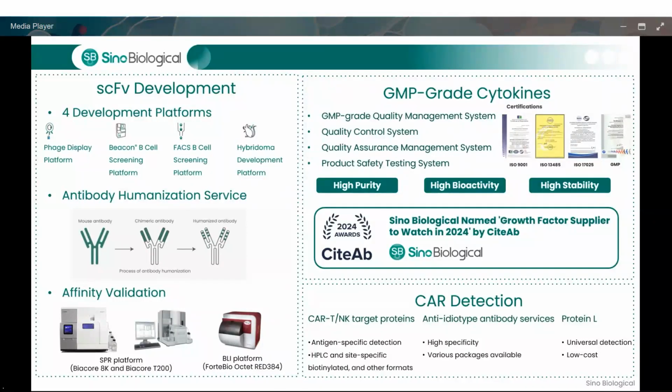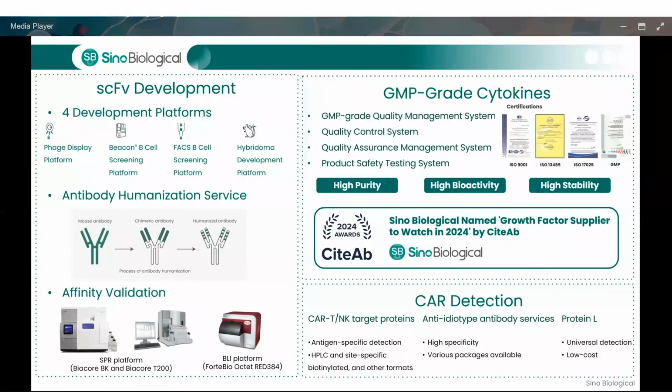As we showed before, a crucial determinant of CAR functionality is the affinity of the scFv to its target antigen. Sino Biological also provides SPR or BLI assay services, which can effectively screen appropriate scFv molecules.